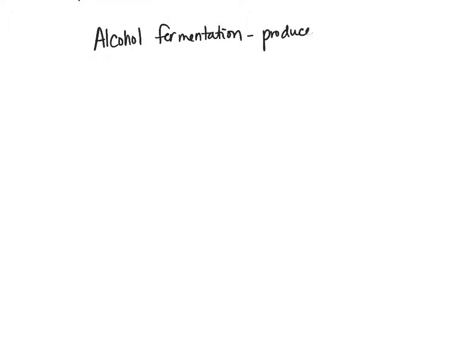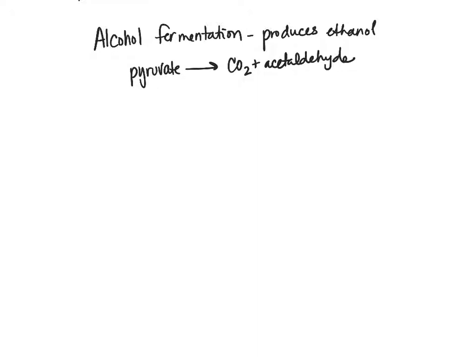Again, we're taking our pyruvate, but then instead, when we take our pyruvate, it's going to be converted into carbon dioxide and acetaldehyde. And then that acetaldehyde is going to be converted into ethanol. And this part right here, the acetaldehyde being converted into ethanol, is where we actually take this NADH and we're going to get the NAD+ from it.